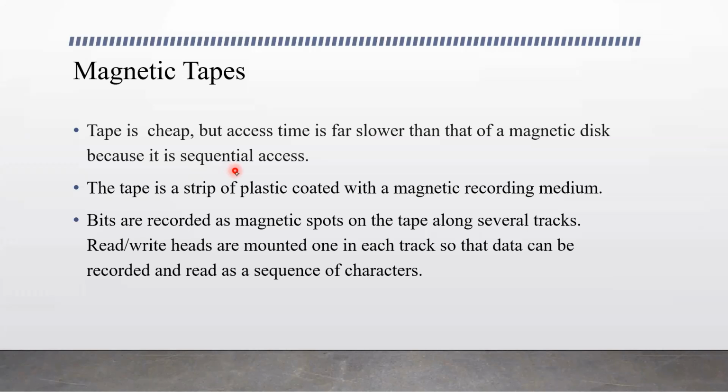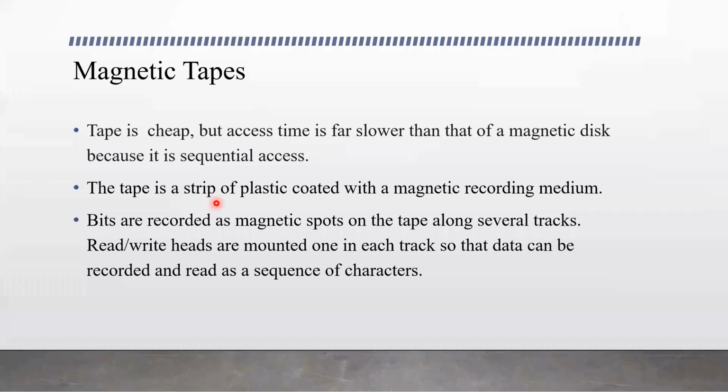The tape is rolled around, and when it is unwound, the character cannot be directly accessed. When the location comes under the read-write head, it reads or writes the character. The access can only be sequential, so it takes a lot of time. The access time is more here, it is a slower device compared to magnetic disk, and it is cheaper.